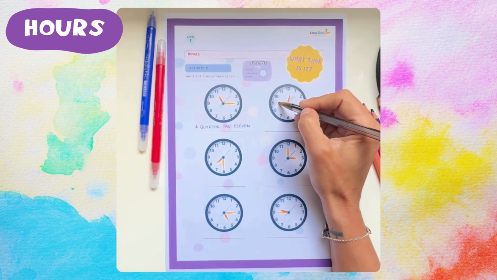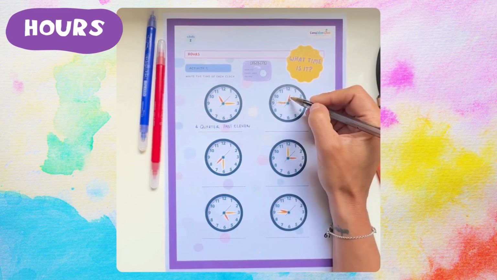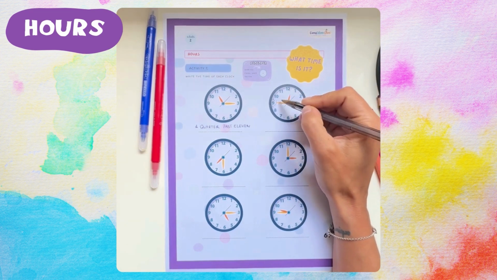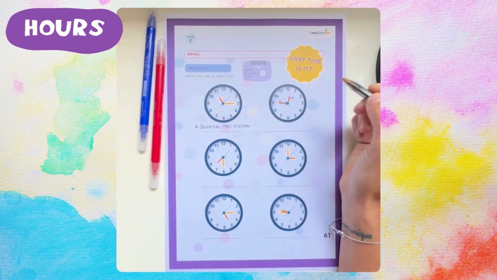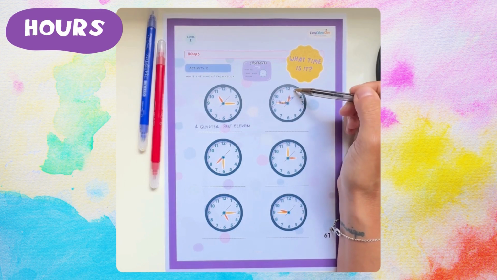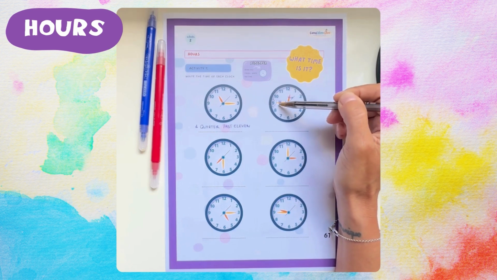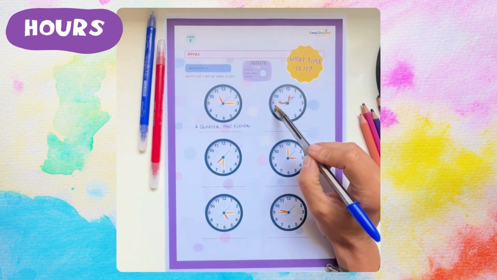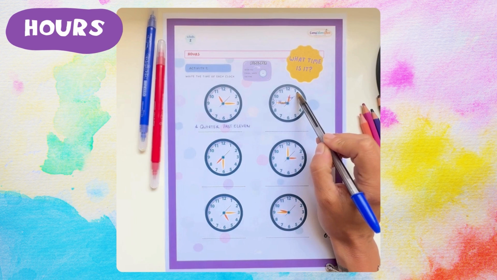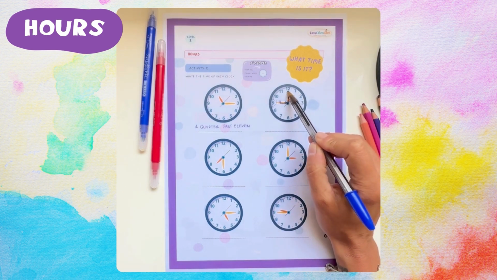Okay, well done. Now let's go for this second one. The short is the hour and these are the minutes, and this is the hour. So let's go. If we are in between 12 and 1, it will be like 12, right? Or almost 1. A quarter to 1 or 45 minutes past 12.